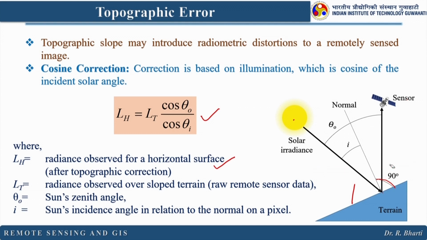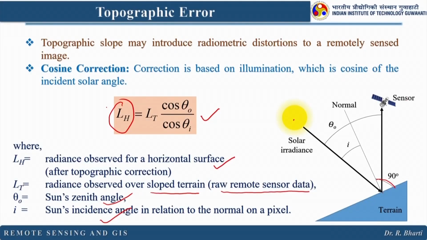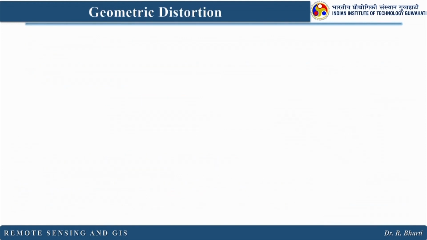Directly we cannot say that this is horizontal. And LT is radiance observed over slope terrain, which is basically raw remote sensing data, and this is sun zenith angle, and then sun incidence angle. So this is how we are going to remove the effect of slope from a remotely sensed image, and we say this is LH. LH is radiance observed over a horizontal surface, right.